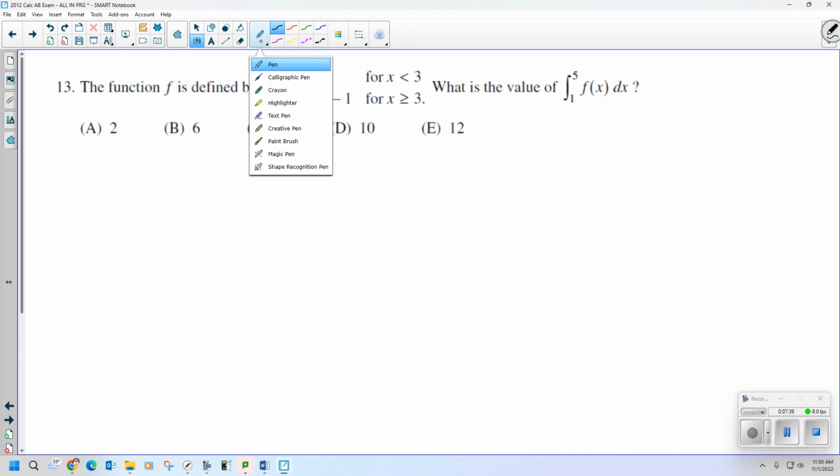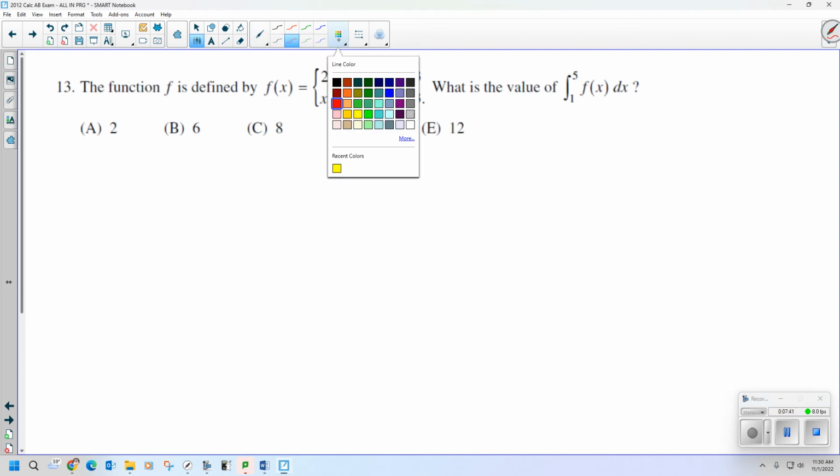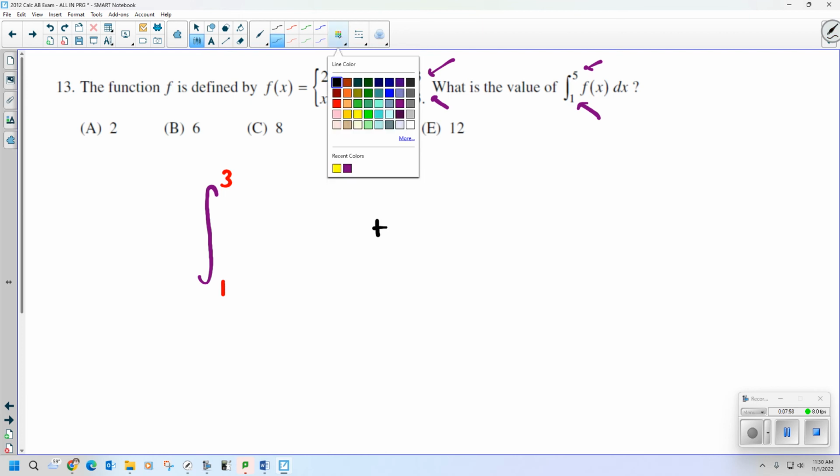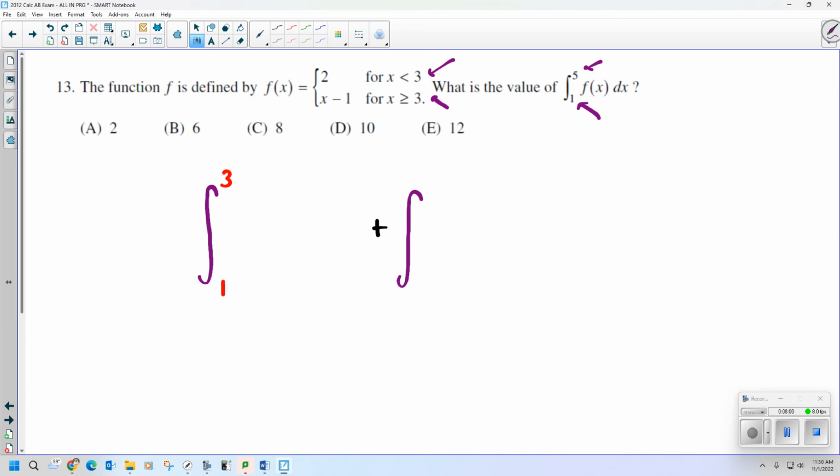All right, first off, if I'm going to integrate this thing, it wants me to go from 1 to 5. Keep in mind, this thing splits at 3. So what I've got to do is go from 1 to 3, integrate something, and then add that to the integration from 3 to 5. Because at this point, I'm going all the way from 1 to 3. Then I pick up 3 again and go straight to 5.